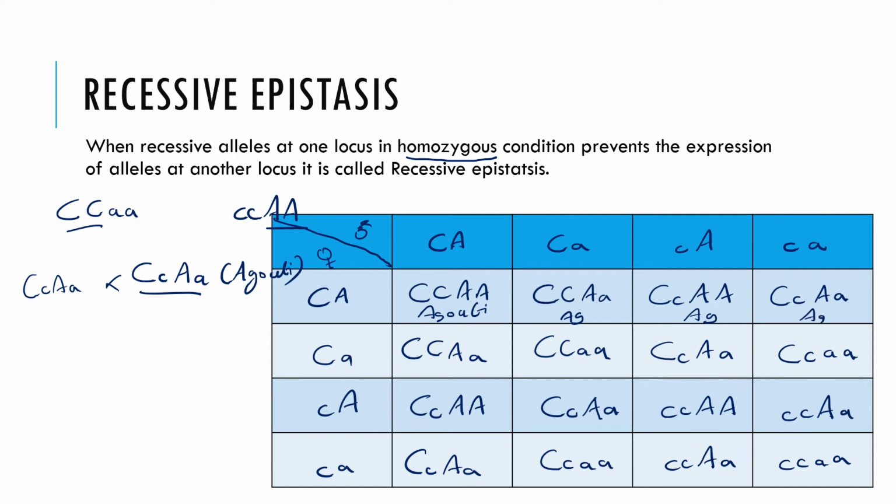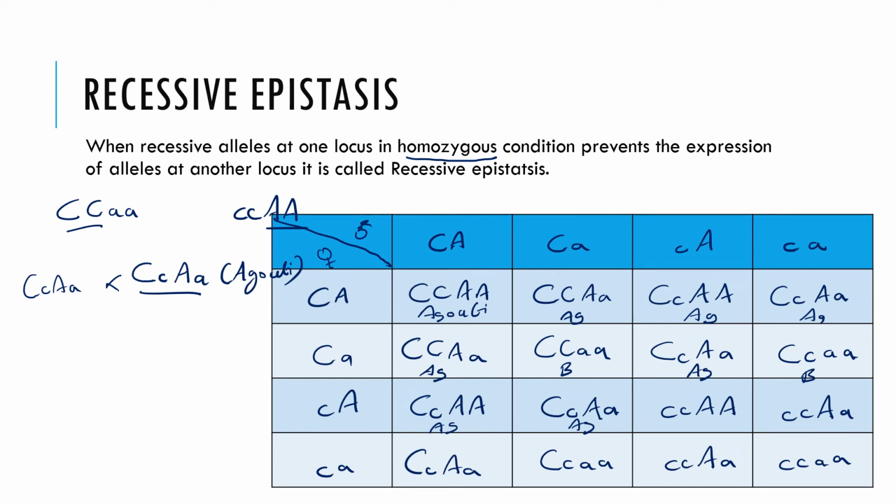So you see, wherever the dominant allele is present, as the gene for black color is dominant, obviously it will be black. One of the genes is in heterozygous condition, so obviously agouti.